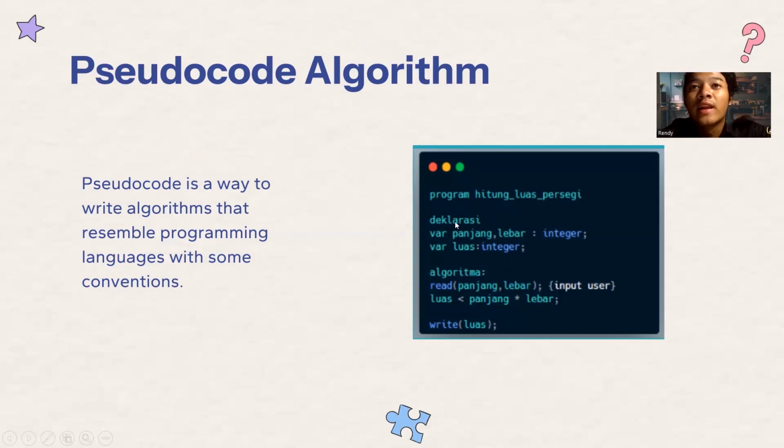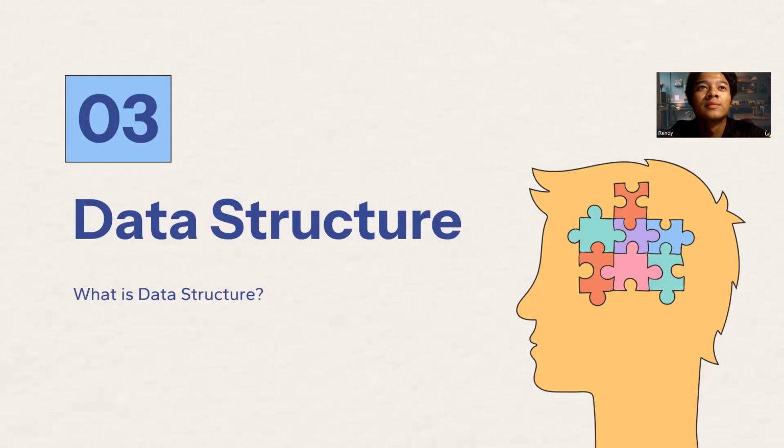We declare variables here, we declare the data type here, like integer, and then we declare functions here. We declare the parameters here. It resembles a programming language, but it is pure human language. That is it.